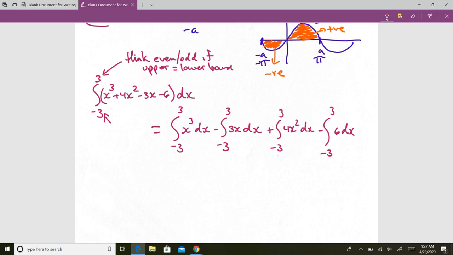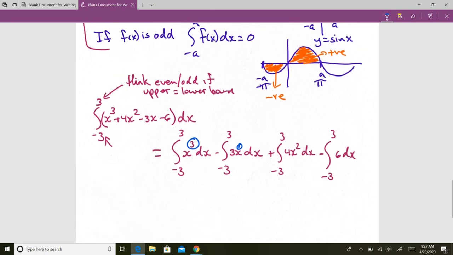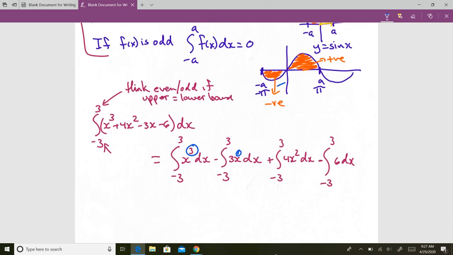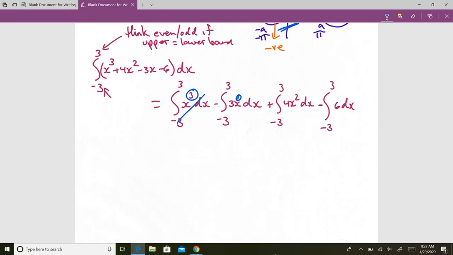And the reason I did that is because that's an odd function, and that's an odd function, it has a degree 1. If you have equidistant bounds on either side and it's an odd function, like this one here, you know that is 0 and that is 0. Those go away, you don't even have to deal with them.